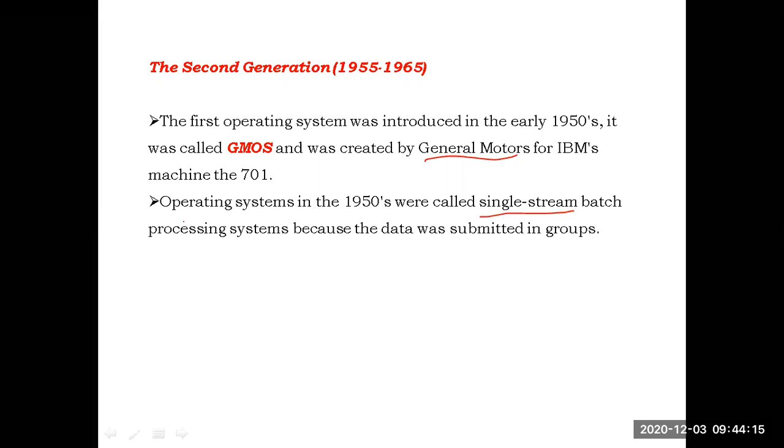Just like in our lab, batch 1 finishes, then batch 2, then batch 3, the jobs are given to the computer in batches. That's why the OS at that time are called single stream batch processing systems.